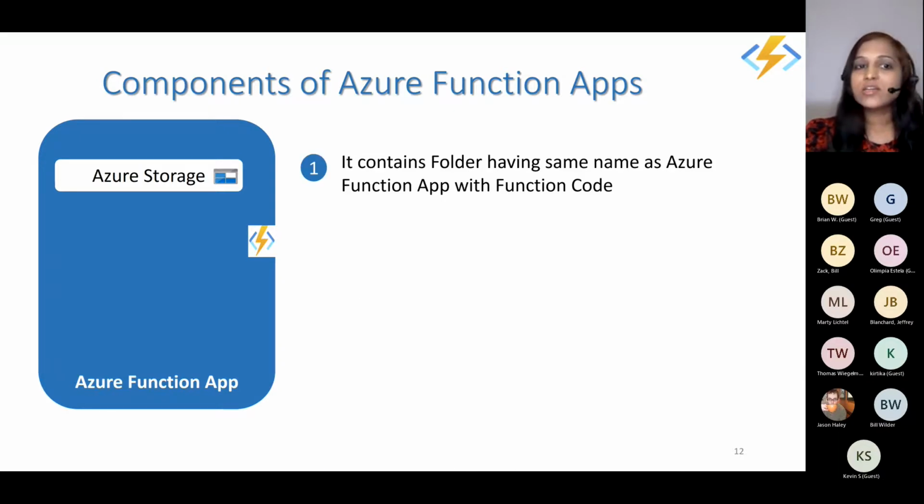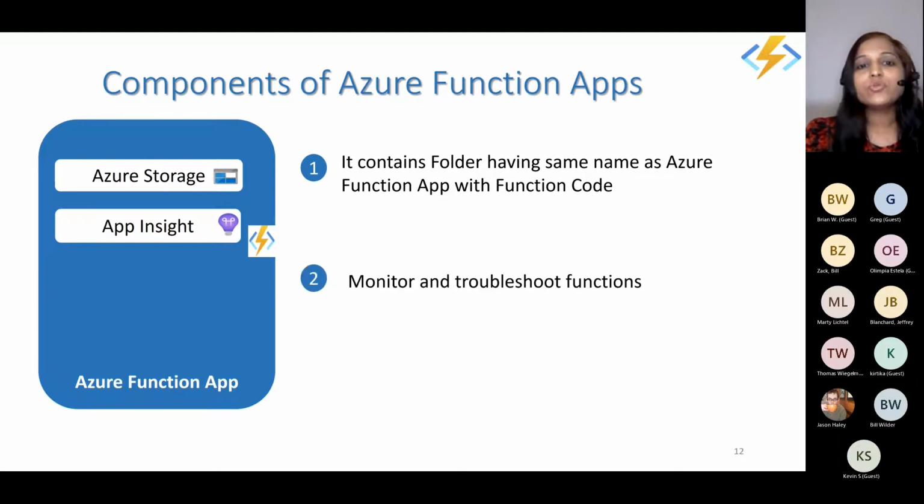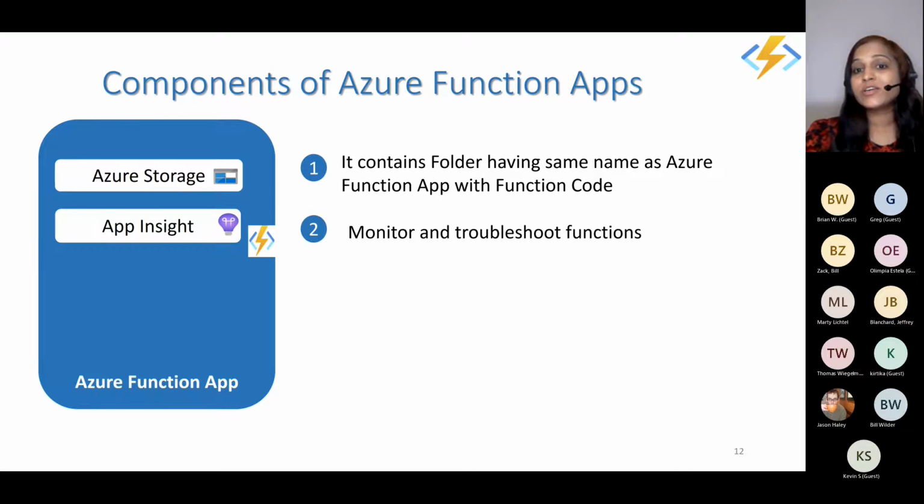Then it creates another component, which is Application Insights, which helps provide monitoring and troubleshooting. So if you have that, you can troubleshoot and monitor your function while it's running. You can check history data as well, and it gives you a lot of other things as well.